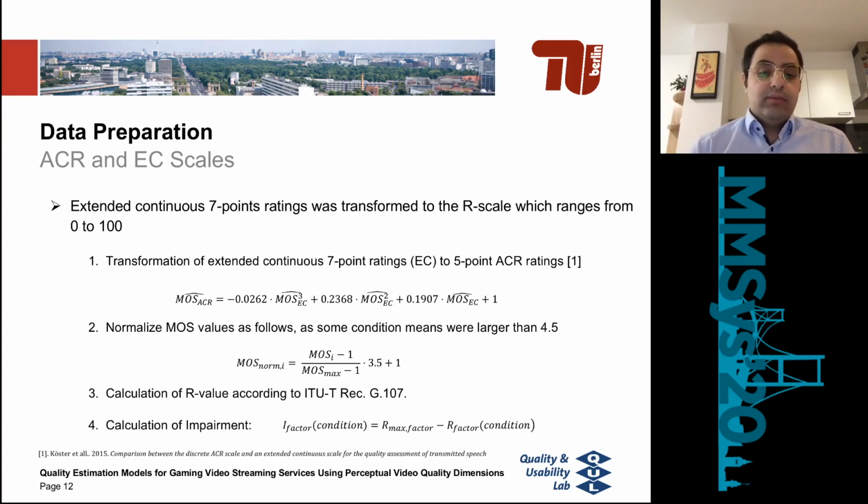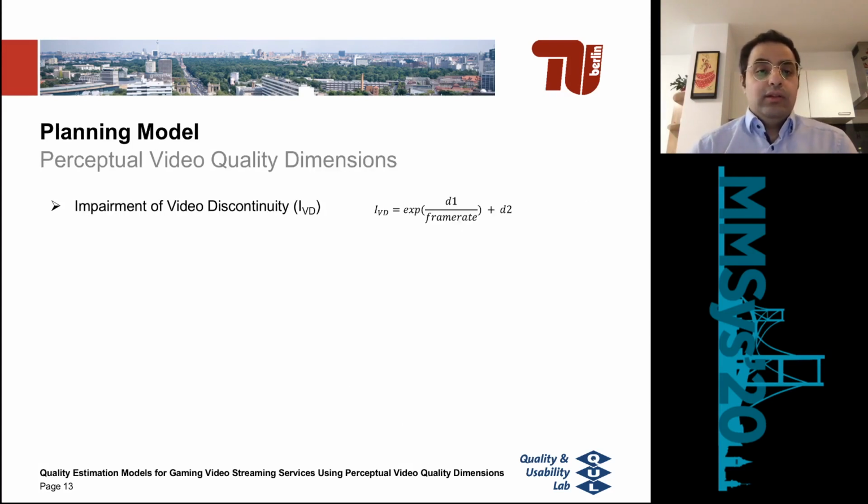Then we normalize the MOS values, and calculate the R values using the recommendation from the E-model. We repeat what they have done there, and finally we calculate the impairments. That means for each impairment, such as video discontinuity, video unclearness and fragmentation, we have one impairment value that we can use for modeling purposes.